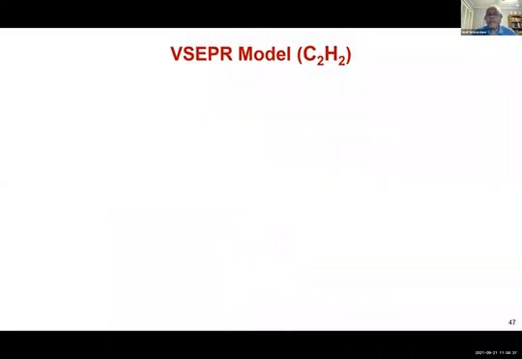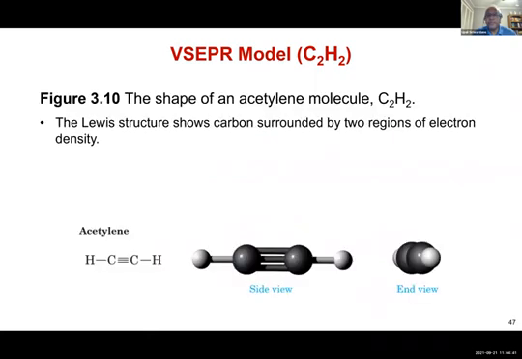Acetylene, we also talked about the Lewis structure. A triple bond is considered as one bonding electron pair in the VSEPR theory.